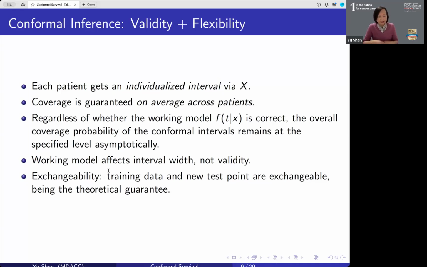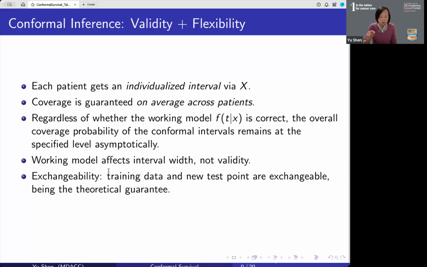On the other hand, the coverage for this predicted interval is guaranteed on average across patients. So the advantage is that regardless of whether the working model is correct or not, the overall coverage probability of conformal intervals remains at a specified level asymptotically. But maybe you have a question: if the working model is really good, really close to the truth, do we have any benefit?